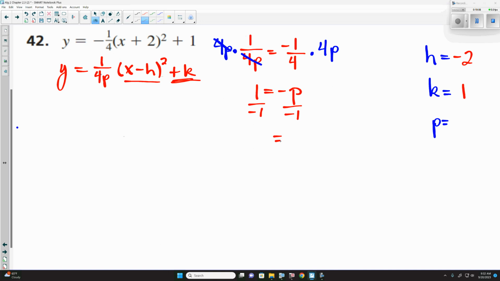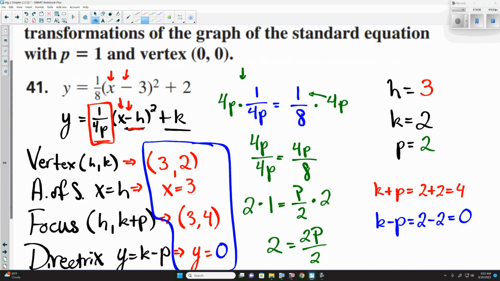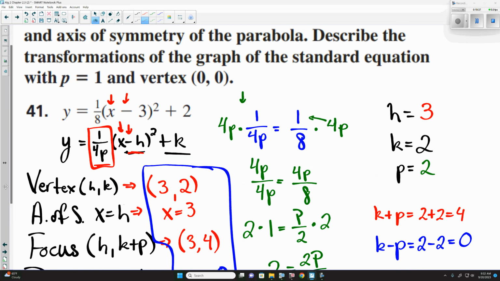And our -p divided by -1, well, negative divided by a negative is a positive, and p divided by 1 is just p. It doesn't change it. On the other side, 1 divided by -1 is -1. So the value of p is -1. Make sense?